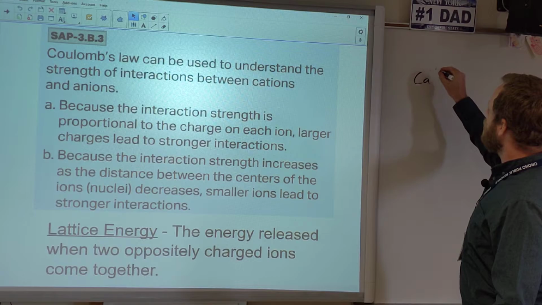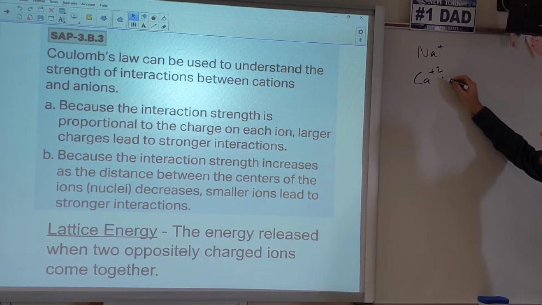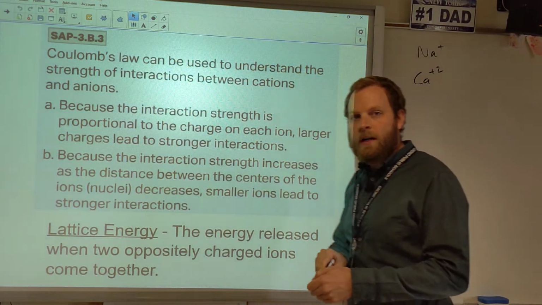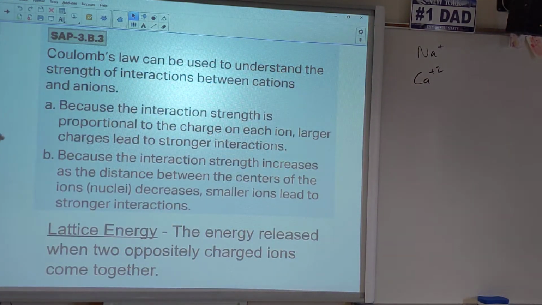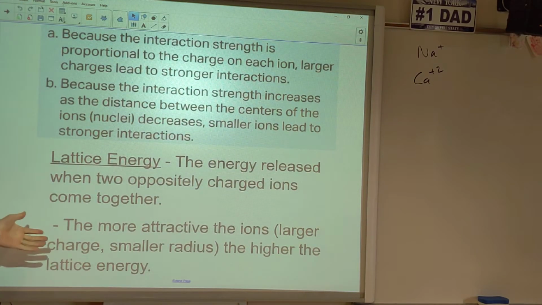If we make a crystal lattice out of calcium, that would theoretically have a higher lattice energy because since it's +2, it should theoretically have twice the attractive force, which would double the lattice energy. Of course, it's way more complicated than that, but in general, the higher the charge, the more the lattice energy. So the more attractive the ions, the larger the charge, smaller radius, the higher the lattice energy.